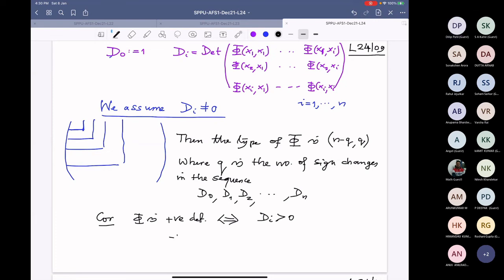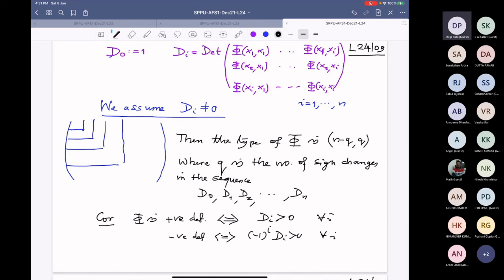Negative definite if and only if (minus 1) to the power i times Di is positive for every i. So negative definite means at every stage there is a sign change.